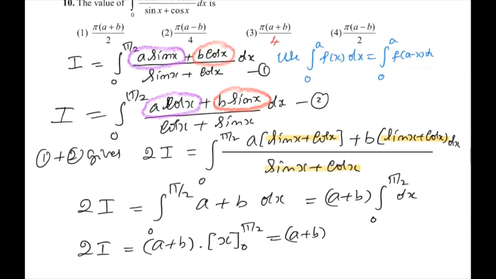A plus b, upper limit pi by 2 minus lower limit 0. So therefore, I, you get it as a plus b times pi upon 4. So the correct option is option 3.